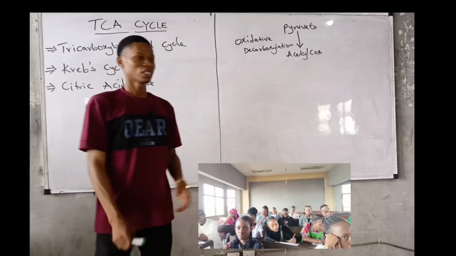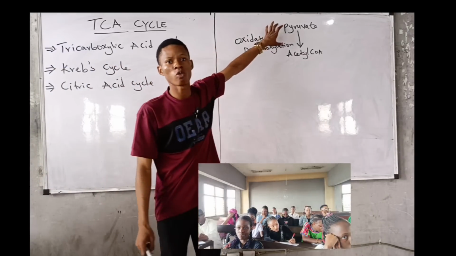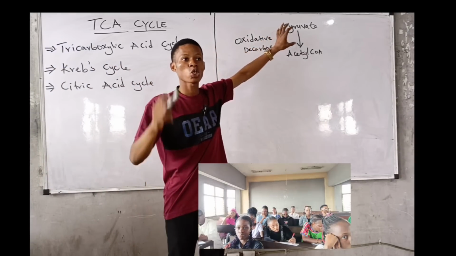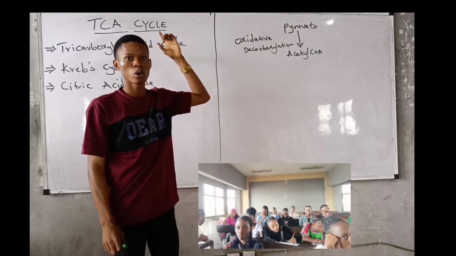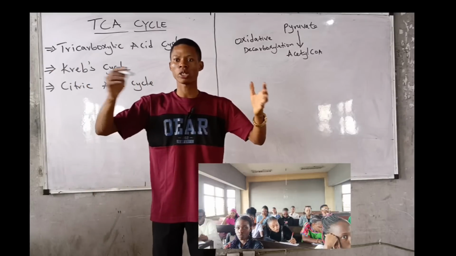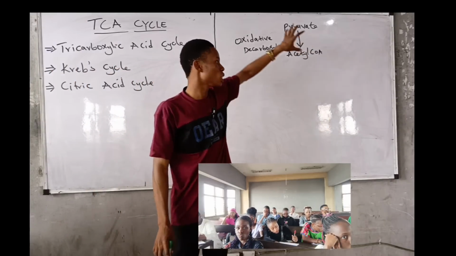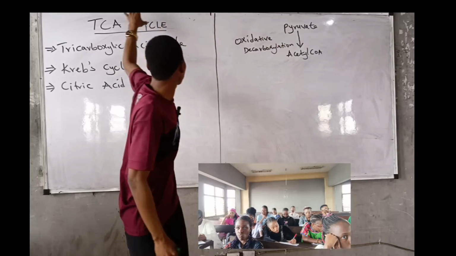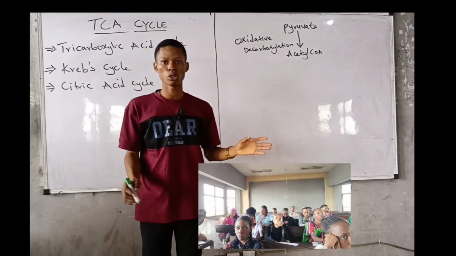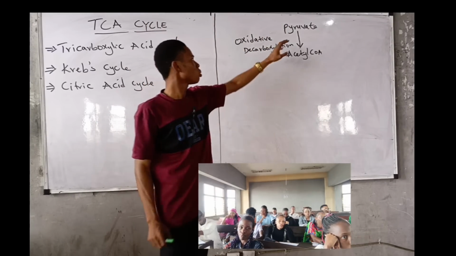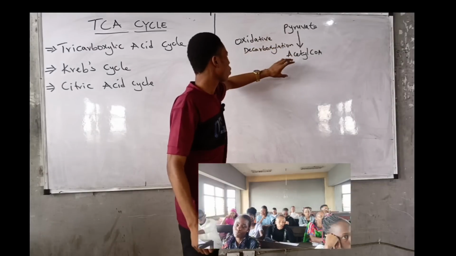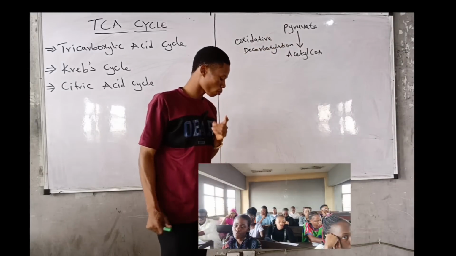Now, I must say that this reaction is not part of the glycolytic pathway and is not also part of the TCA cycle. It is called the linked reaction, a link between glycolysis and TCA cycle. So this is the reaction that links glycolytic pathway with the TCA cycle. Do you get that? Now, pyruvate is converted to acetyl-CoA.